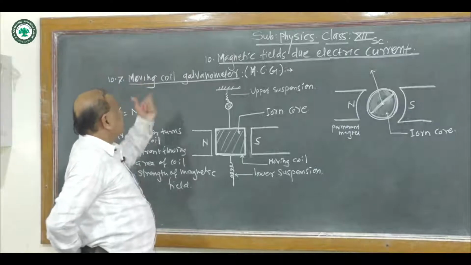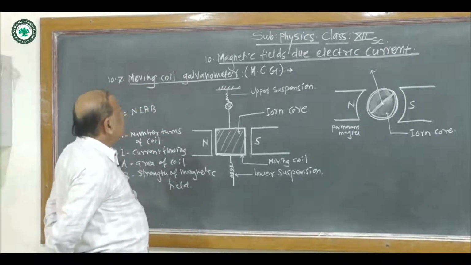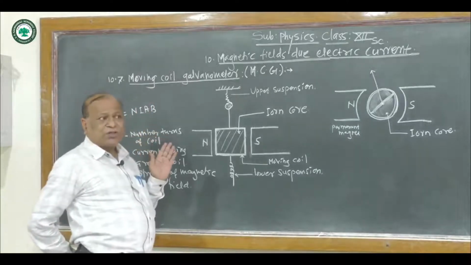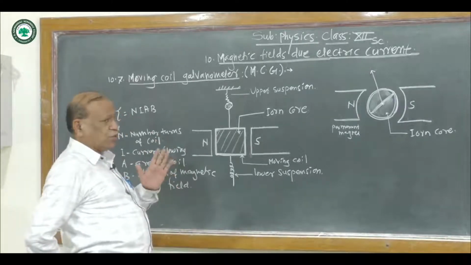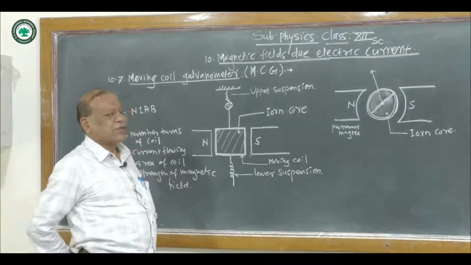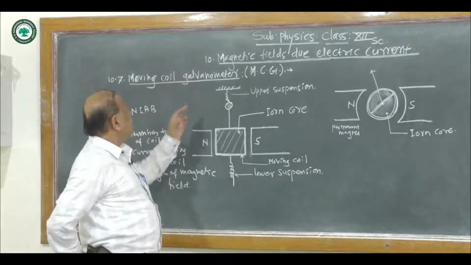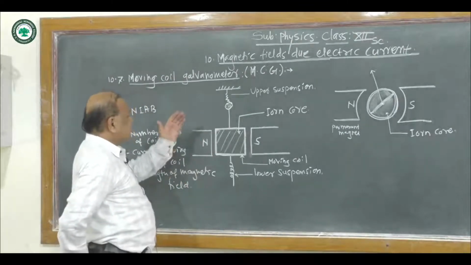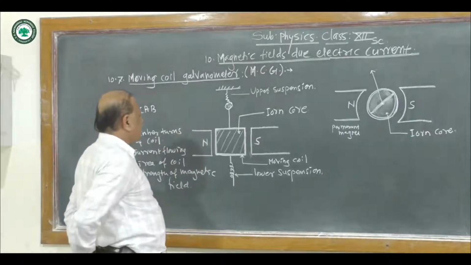This moving coil galvanometer is used to make the analogous voltmeter and ammeter, which we already studied in a previous chapter, current electricity. Today we are going to see the construction, working and theory of the moving coil galvanometer.